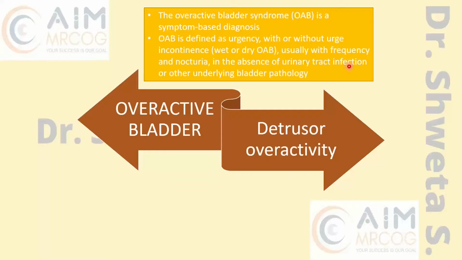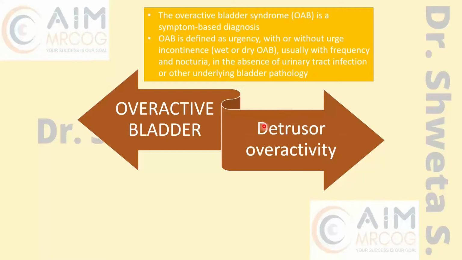Usually, urgency will be associated with frequency and nocturia, and there shouldn't be any urinary tract infection or any other pathology, because if that is there, you are not going to label it as overactive bladder. You will first treat that, and if her symptoms don't improve, then only you will label her as overactive bladder. So symptoms are important, the definition of urgency is important, and ruling out infection and other pathology is important to make your diagnosis of overactive bladder.